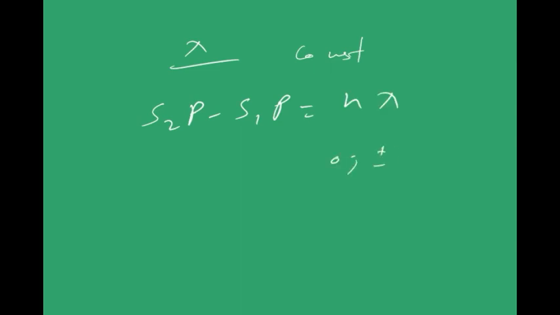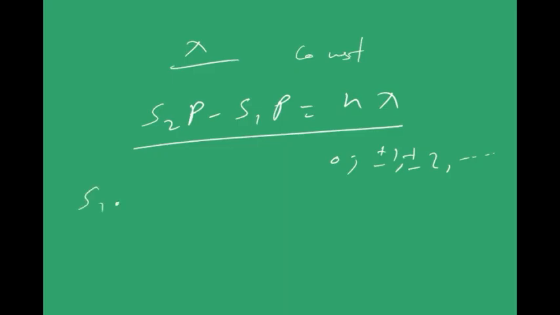I can say that if my path difference is a multiple of the wavelength, or even if the path difference is 0, then I am going to get constructive interference. So if my path difference S2P minus S1P is n lambda, where n is 0 or plus or minus 1 or plus or minus 2 and so on, then I'm going to get constructive interference.